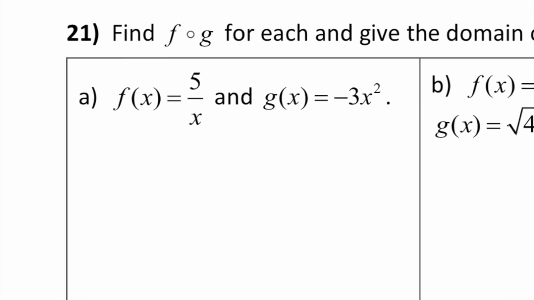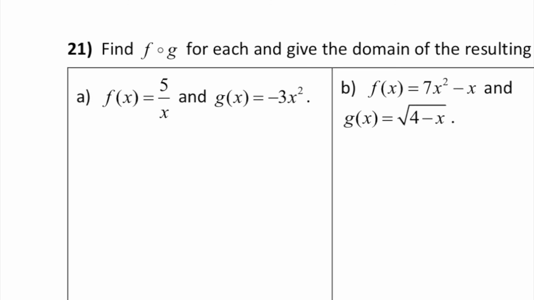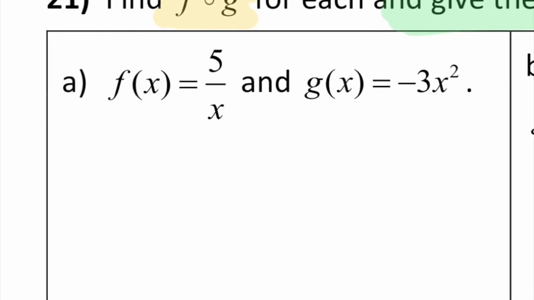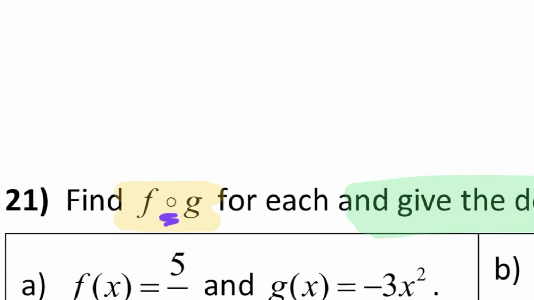So here we have, the question is asking you for each to find f of g. So you need to find f of g, and you need to state the domain of the resulting function. And so what I like to do here is start with rewrite it, because this notation is a little weird. In fact, let me just make sure that you all understand that there's a difference.